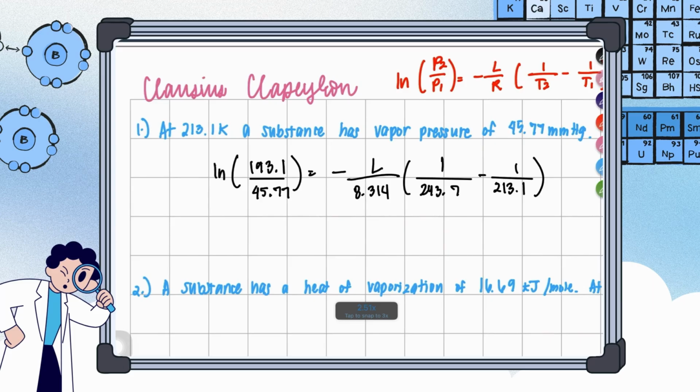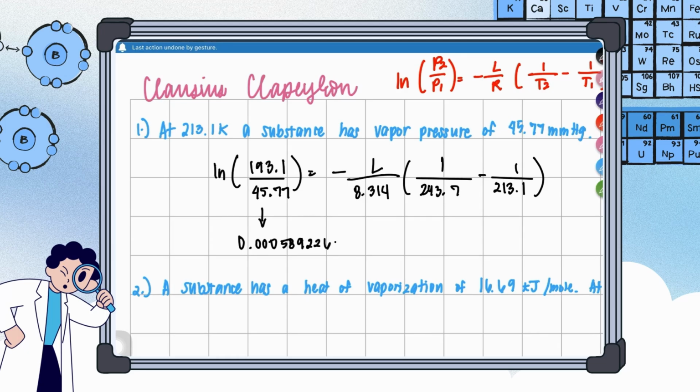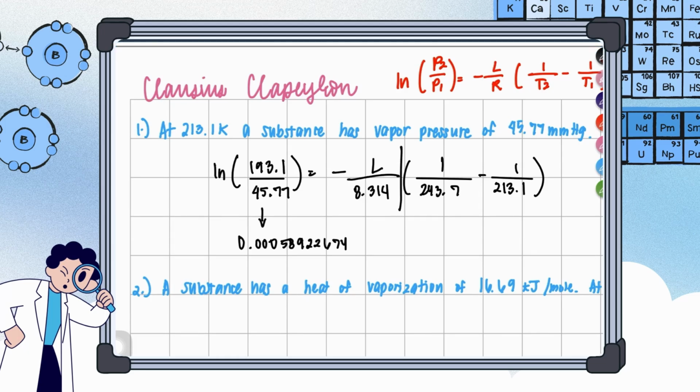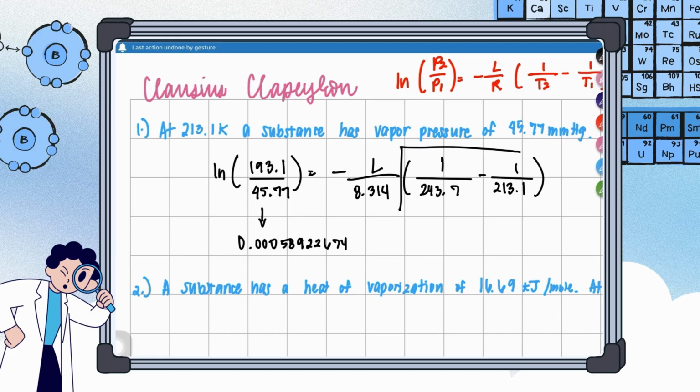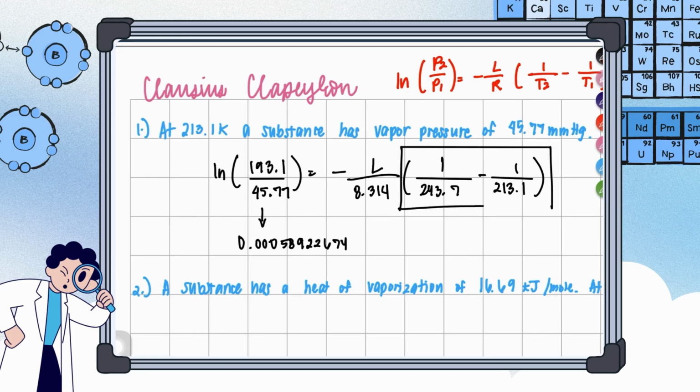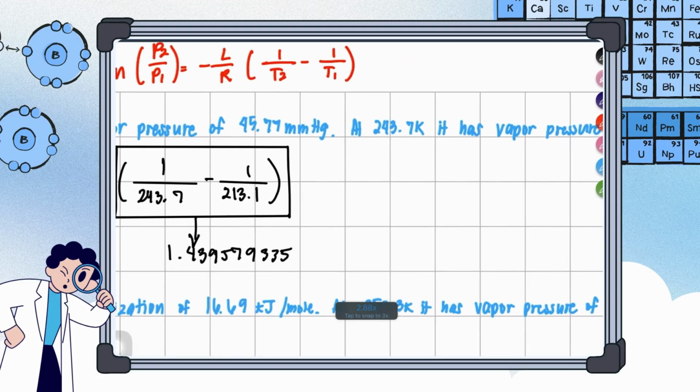So if we calculate this, we will get 0.000058928 2674. And this one, if we simplify, we will get 1.439579335. And this will make the process easier.